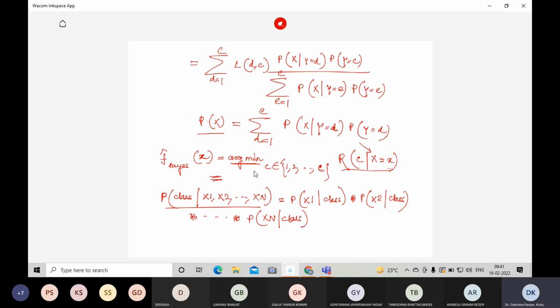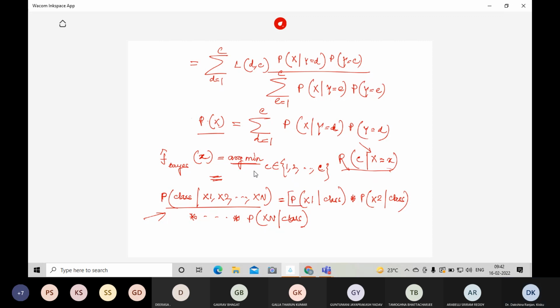Here we can clearly see that the probability of class given x1, x2 up to xn is nothing but the posterior probability. The probability of x1 given class information, multiplied with probability of x2 given class information, and so on, are the likelihoods.